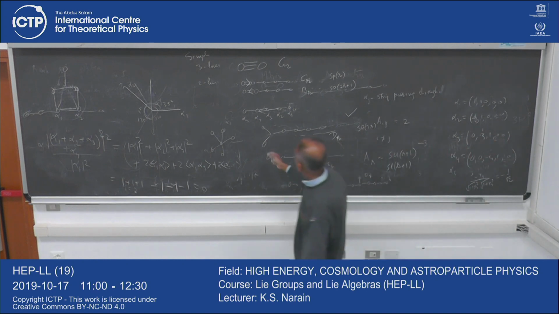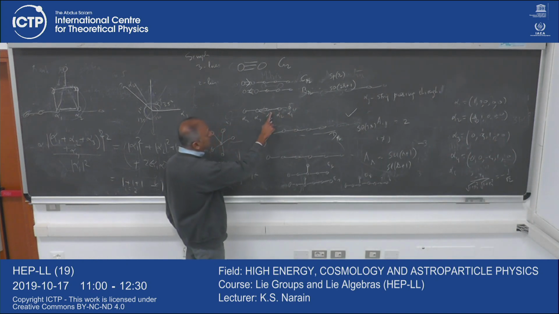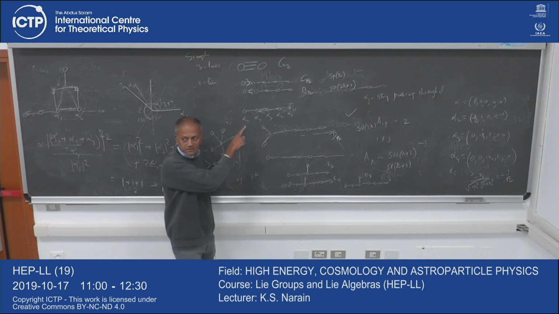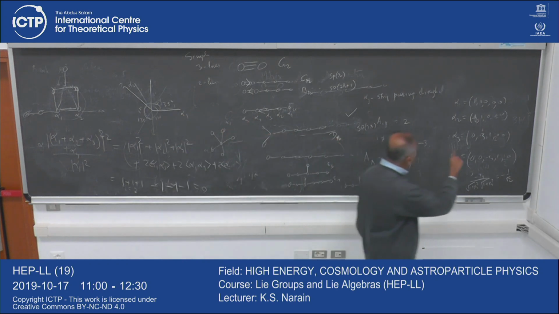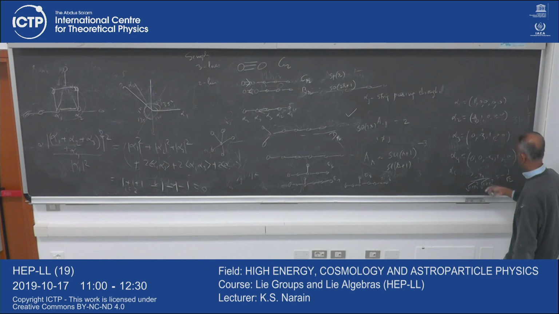Alpha 5 is orthogonal to all these three, and it has 120 degrees with respect to alpha 4. So since it is orthogonal to all these three, it will have 0, 0, 0. And then let's call it minus x5 and something here, which we don't know, let me call it y.